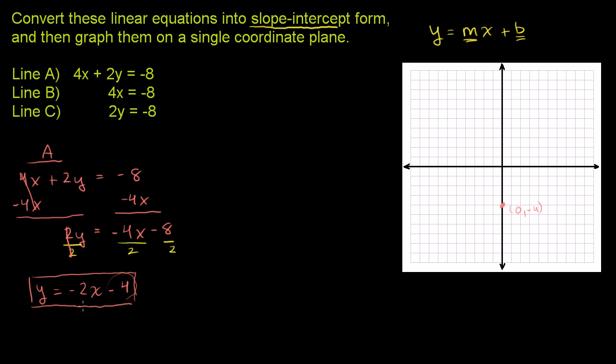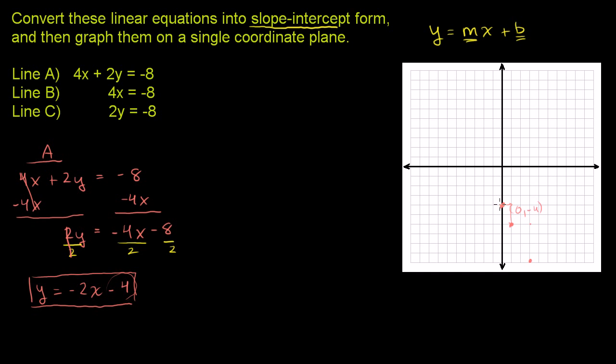And then the slope is -2. So that means that if I change x by +1, y goes down by 2. So if I go over 1 in the positive direction, I have to go down 2. That's what a negative slope is going to do, -2 slope. If I go over 2, I'm going to have to go down 4.